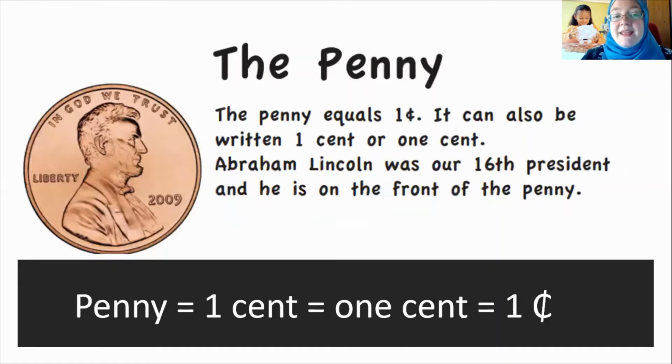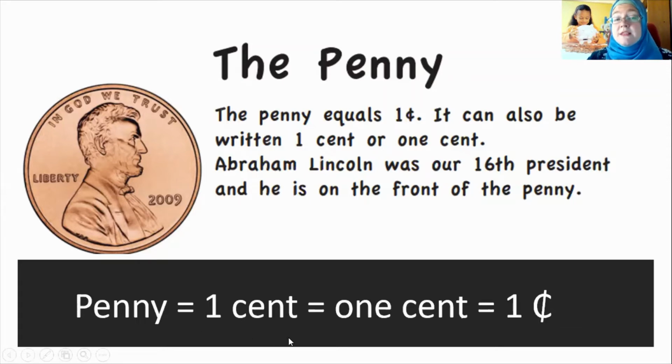So the penny is equal to 1 cent. No matter how you write it, whether you say penny, whether you write the numeral and then the word cent, or if you write the word out, O-N-E, like they have on the back of all of the coins, and then you write the word cent, 1 cent, or you write 1 cent in this other way with the numeral 1 and this symbol right here, which is like a C and a line through it, which means cent also.